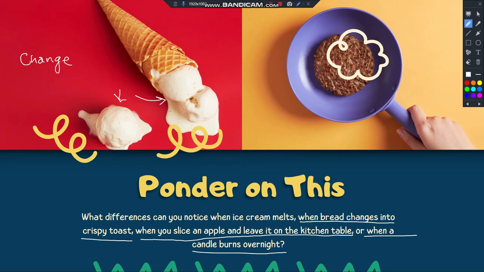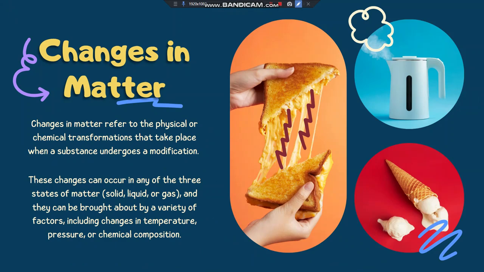In other words, there was a substance A that transformed into a new substance B. Now we want to see what exactly is happening behind the scenes. That brings us to the concept of changes in matter.